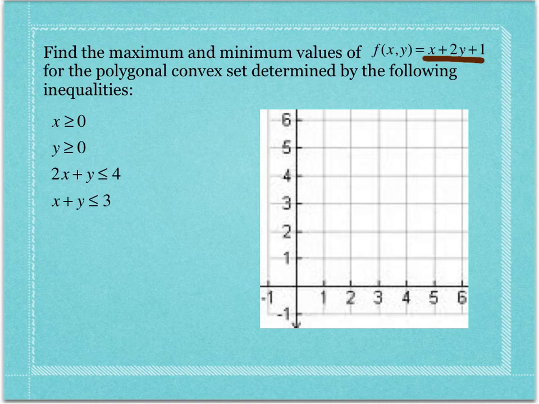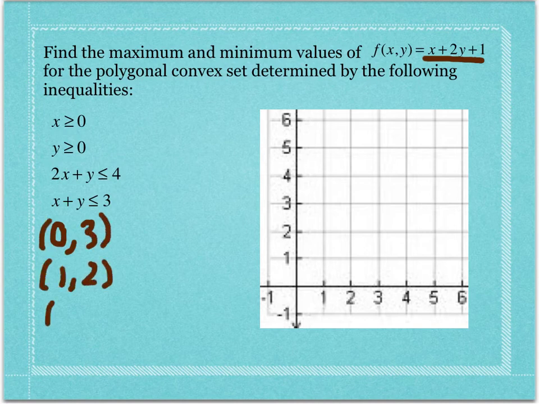As we'll see when we talk about linear programming, this is often what we're trying to maximize or minimize. So we have the points 0, 3, and 1, 2, and 2, 0. I'm going to substitute these values in this function and see what's the biggest and smallest it can get.